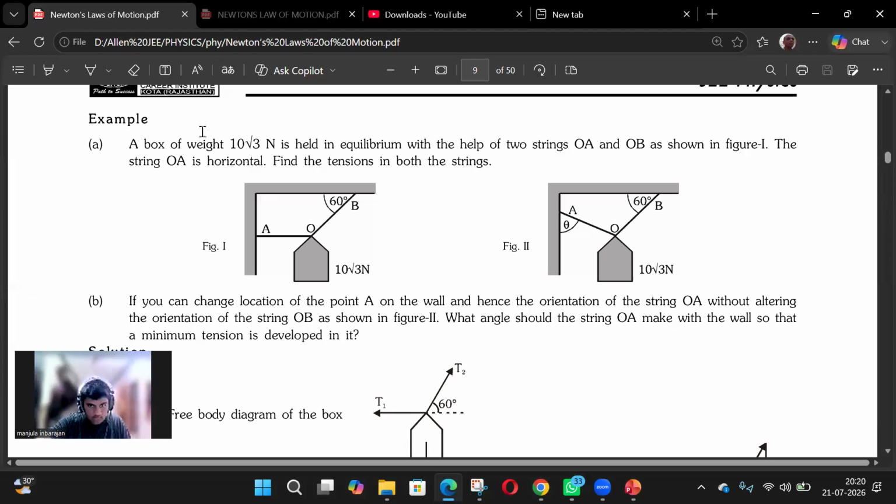I'm going to try this question. Tension: you have to find the tension in both the strings.